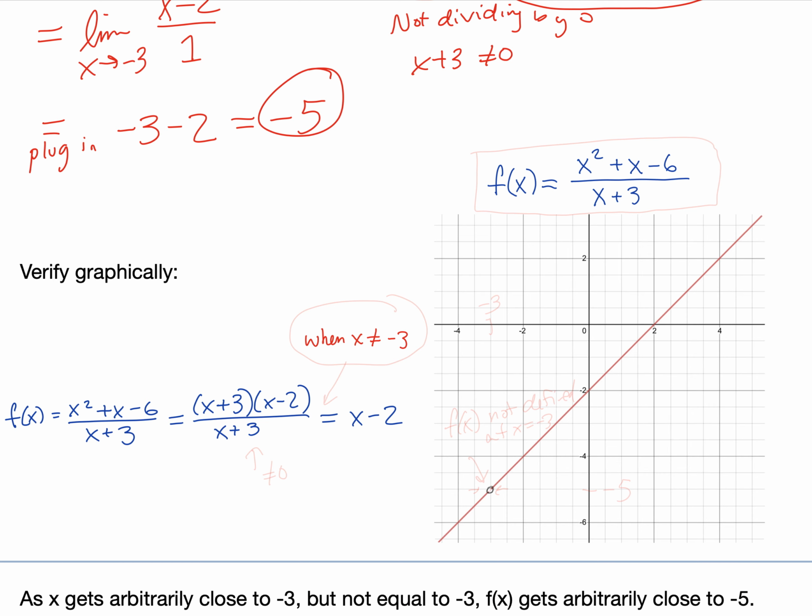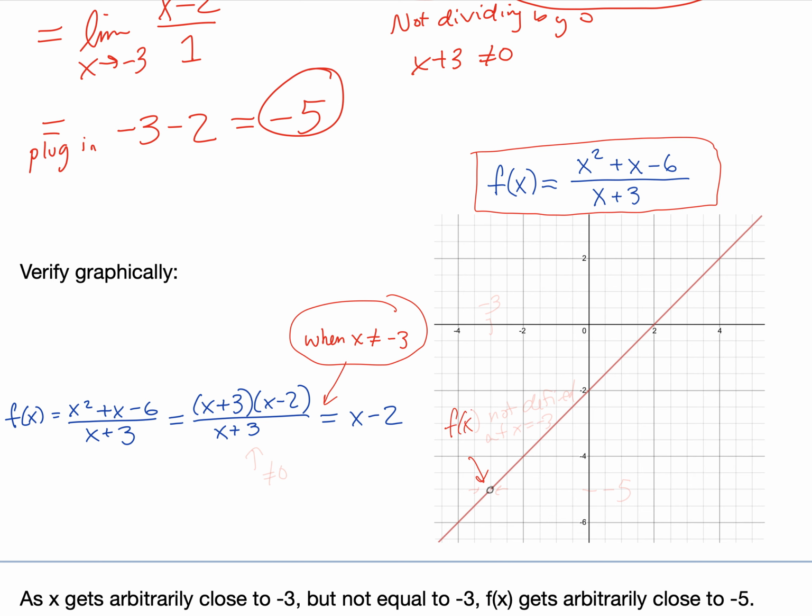And we can also verify this graphically. If we graph the function f of x equals x squared plus x minus 6 over x plus 3, the function it will graph is a linear function. So when x is not equal to negative 3, f of x does just simplify to the linear function x minus 2. We just have one point where the function is not defined.